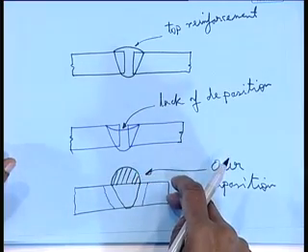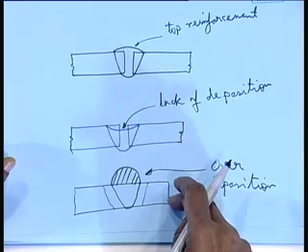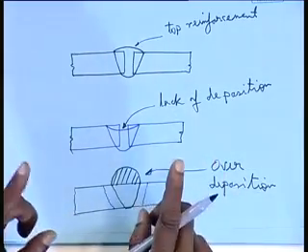Why? Because there you may have residual stress, plus the corrosion may get initiated there. Why? Because the microstructure is different from the adjacent microstructure. So, the cathode and anode formation will take place, a localized galvanic cell.